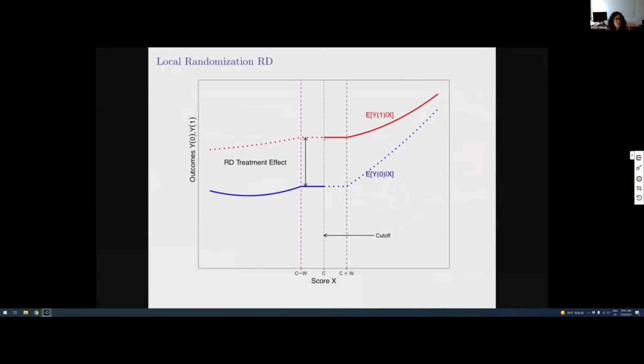The way we do it is by localizing, as I was saying before. Overall, we're not going to be able to assume that there is no relationship between potential outcomes and the score, because by definition, if the RD score is poverty and the outcome is mortality, those two things are going to be very strongly correlated. But what we're going to assume is that there is a window, which could be very, very small, close enough to the cutoff such that the relationship between the potential outcomes and the scores disappears, and so these regression functions are flat, as they would be in an experiment.